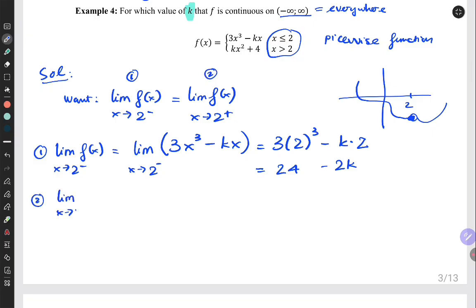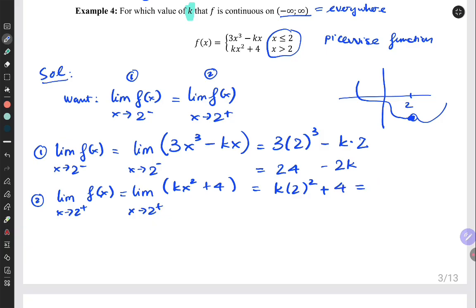Now number 2. Limit when x approaches 2 from the right, f of x. This time I pick the right hand side, I mean the bottom, because it's greater than 2. And again I'm going to plug in. K times 2 squared plus 4, which is 4k plus 4.